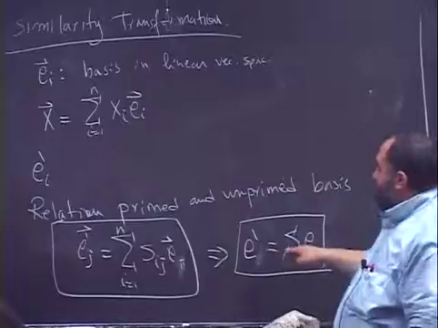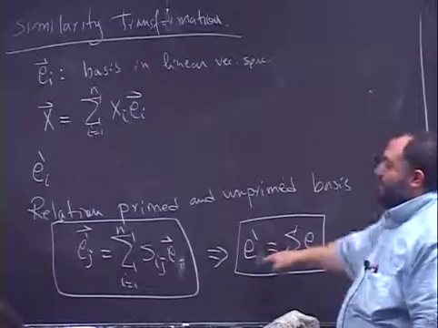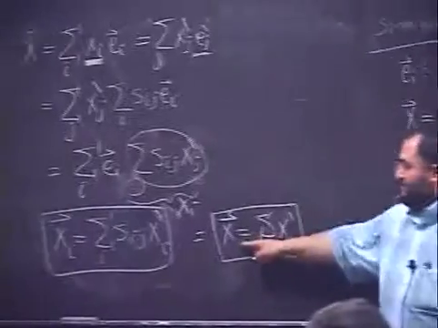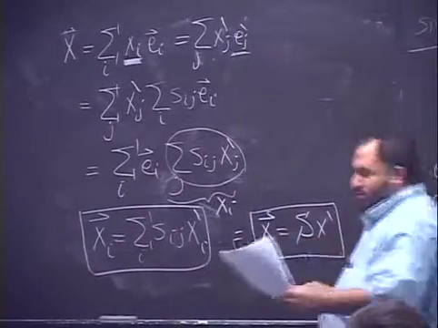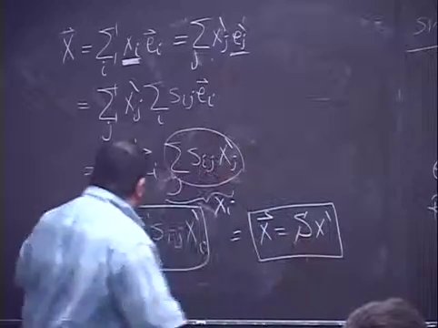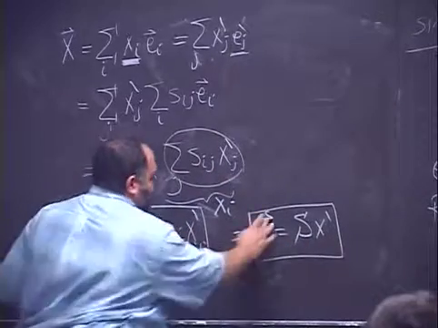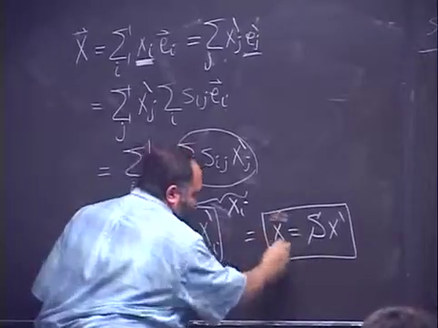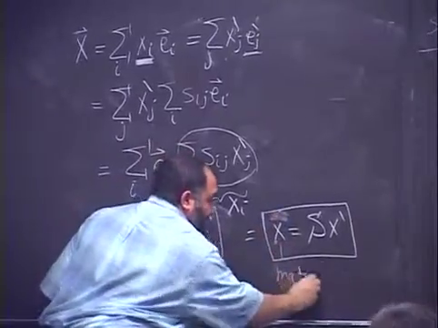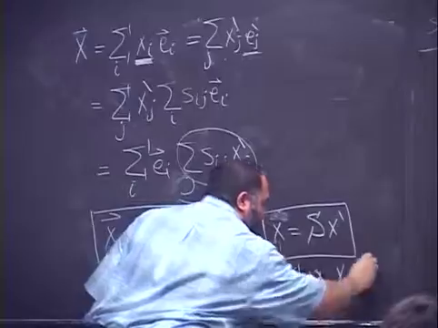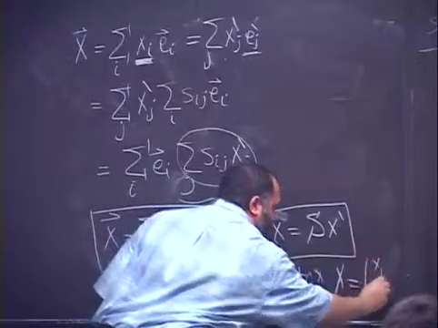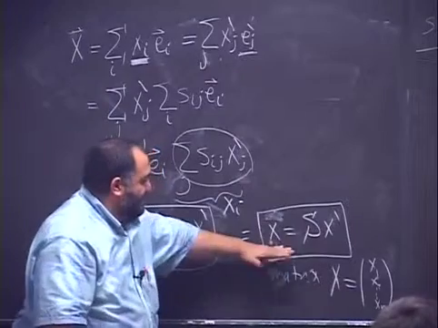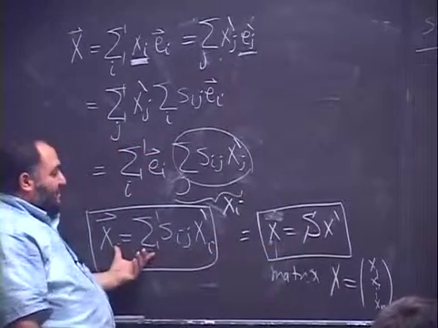But these are the bases. How to transform the bases. And this is how to transform what? How to transform the vector components. Because those are components, this is a matrix, X matrix. I just put it here. And X as a matrix is just X1, X2 up to Xn. So this is in matrix form. This is in vector form.